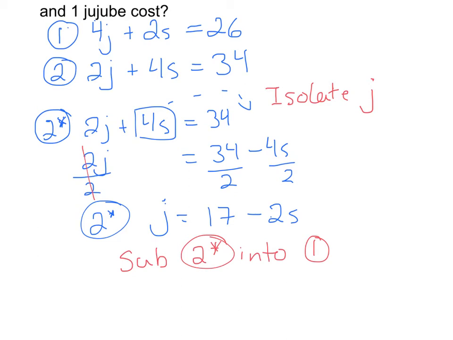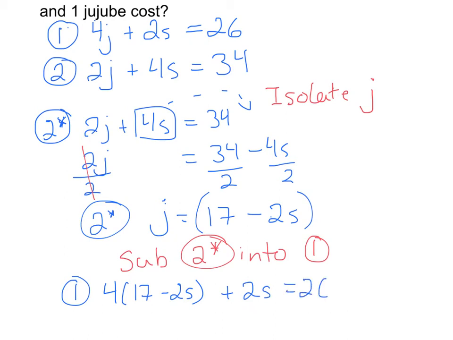Since j is now equal to 17 minus 2s, wherever there's a j, I'm going to put 17 minus 2s. I'm going to substitute it in, plus 2s equals 26. Now I've substituted what I got for j into where there's a j.